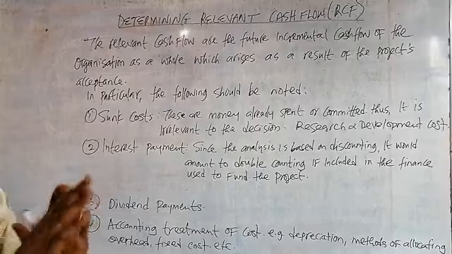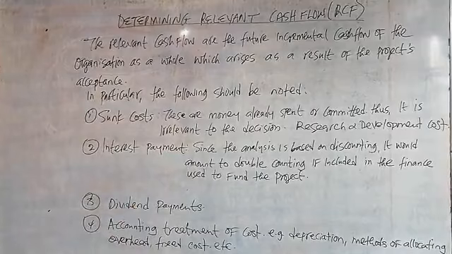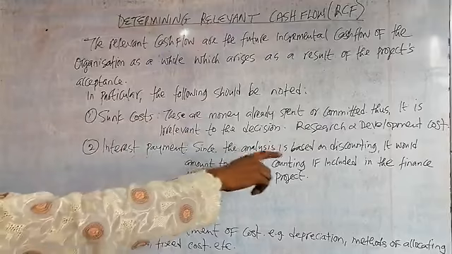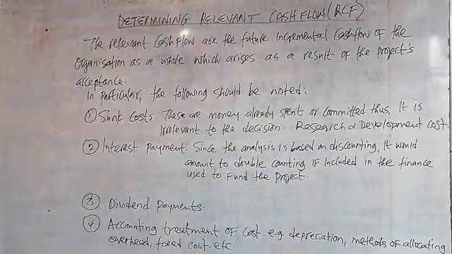You have incurred the cost already, irrespective of whether you go ahead and invest in such a project or venture on which you have spent such research and development cost.